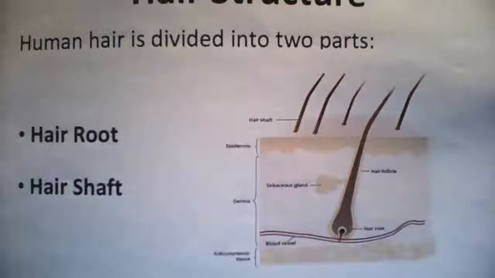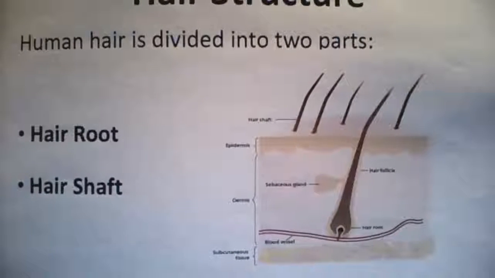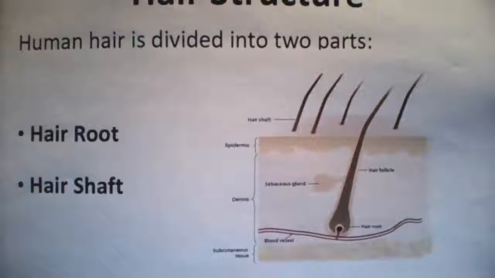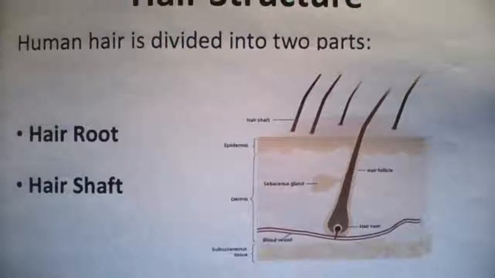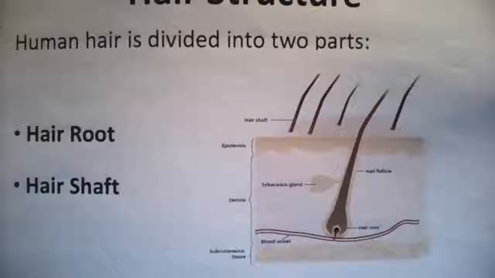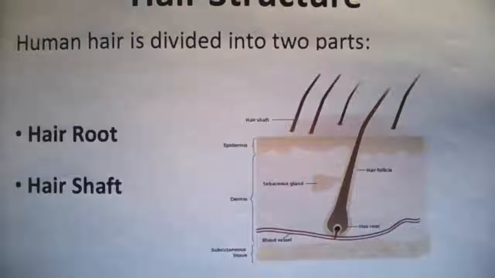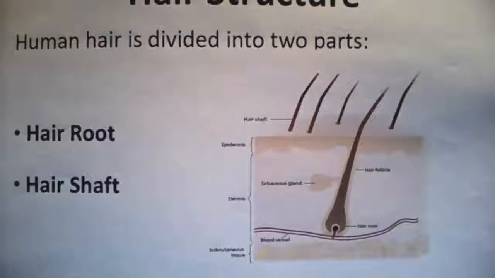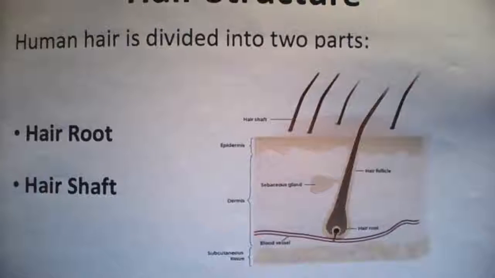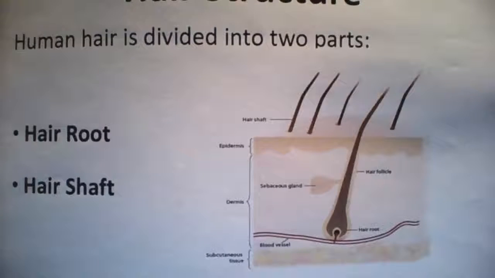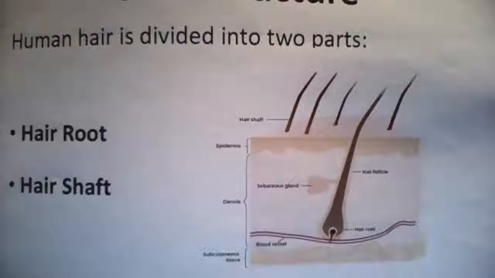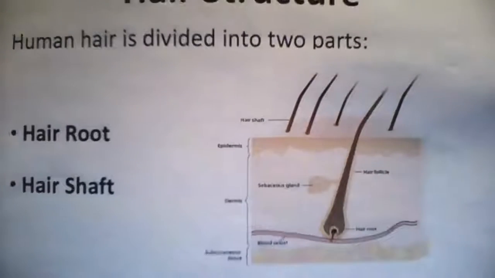You have to look, it's under the skin. And the hair shaft. So you have to find the words hair root and hair shaft, because that's where we're going next.